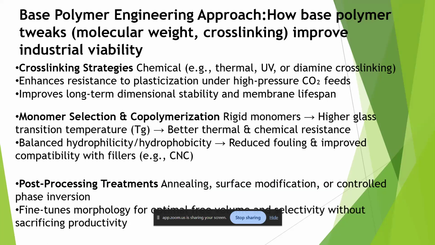There is no significant change in the size of O2 and N2, O2 being 3.46 and N2 being 3.64 angstrom. It is a matter of 0.18 angstrom, so it is very hard to differentiate both. So surface modification is used to make such niche applications work.